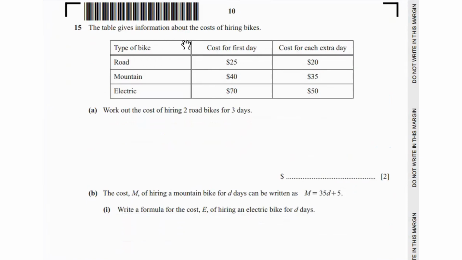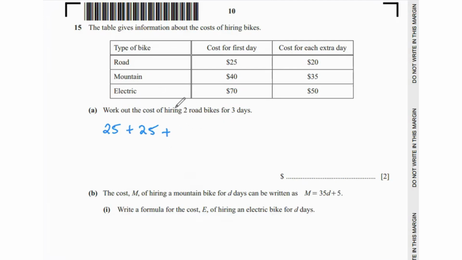Then it says the table gives information about the cost of hiring bikes. So in the table, we have the type of bike, the cost of first day, and then the cost for each extra day. So we have to work out the cost of hiring 2 road bikes for 3 days. So for 2 road bikes, the first day is going to be 25. So 25 plus 25, this is for the first day.